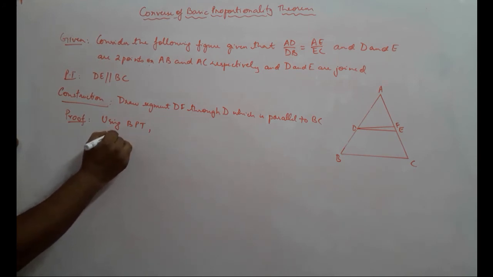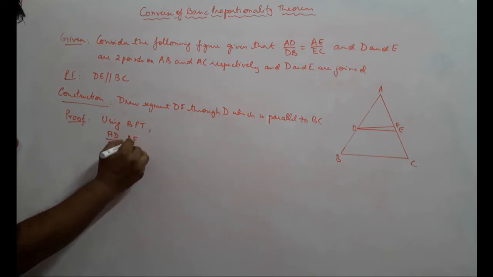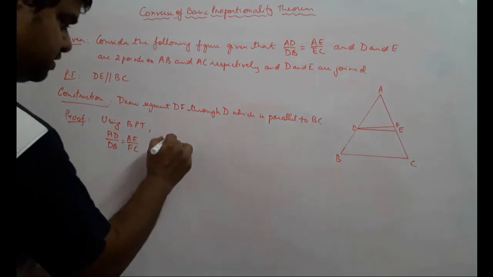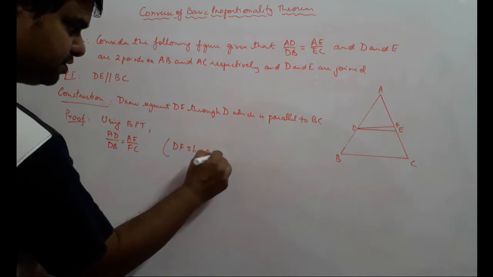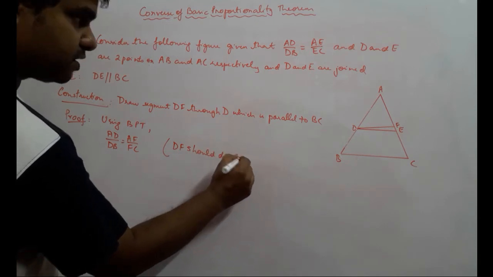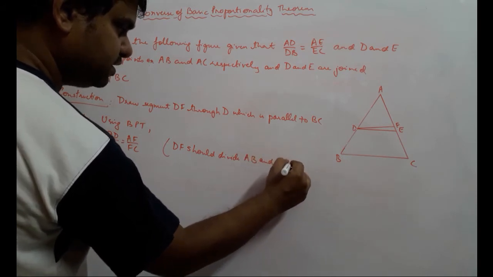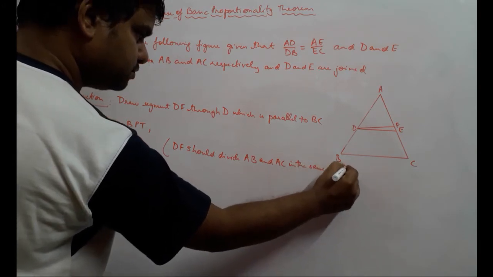Using the basic proportionality theorem, we can say that AD upon DB is equal to AF upon FC. DF should divide AB and AC in the same ratio.